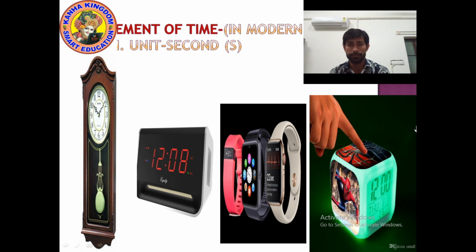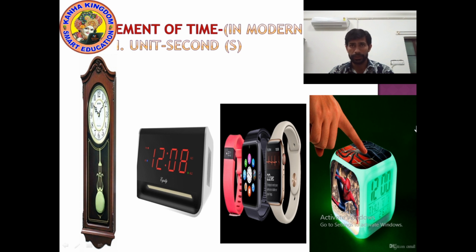You can see the first picture. First clock, pendulum clock. I think this pendulum clock might be in your school. At home you can see one in which the pendulum moves from one position to another.